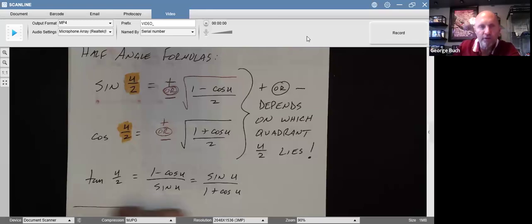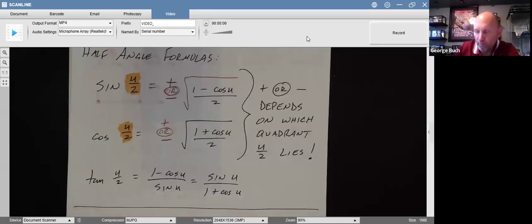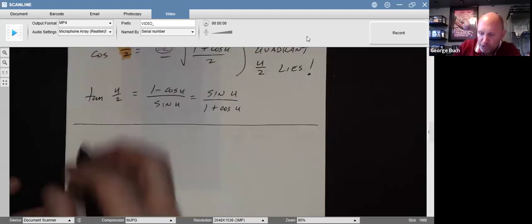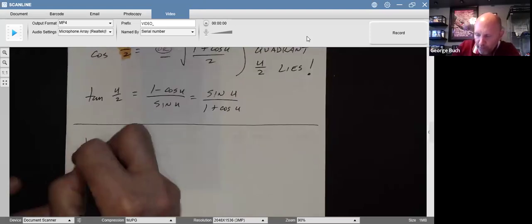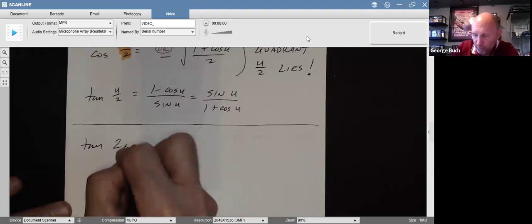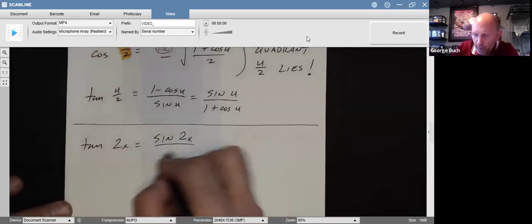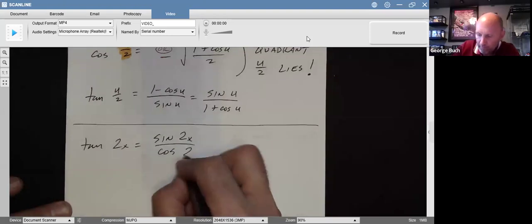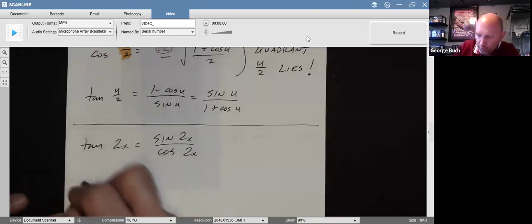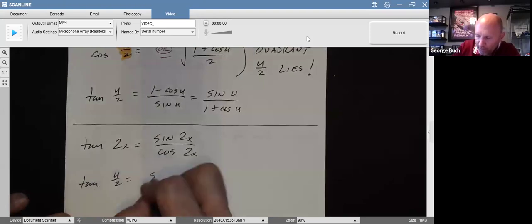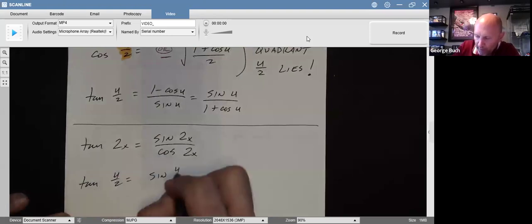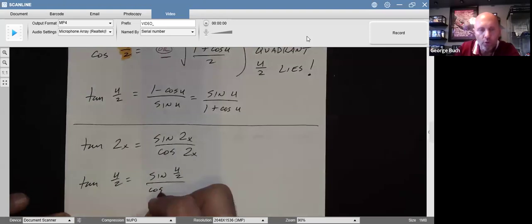But, and I should have pointed this out on the double angle formulas as well, tangent of 2x is also still sine over cosine, just sine of 2x over cosine of 2x. And tangent of u over 2 is sine of u over 2 divided by cosine of u over 2.